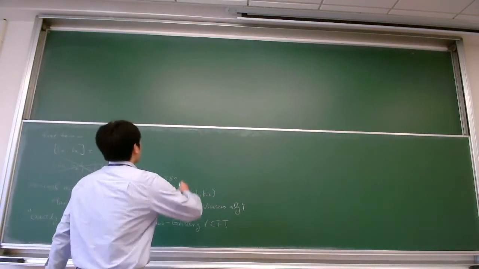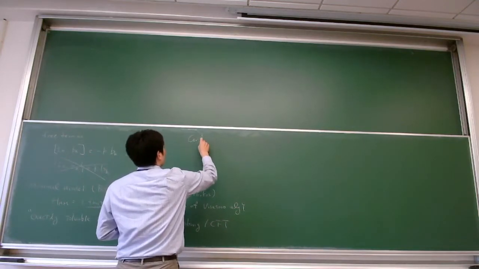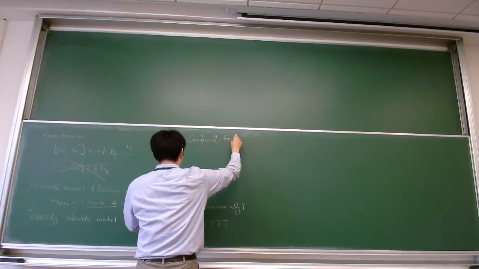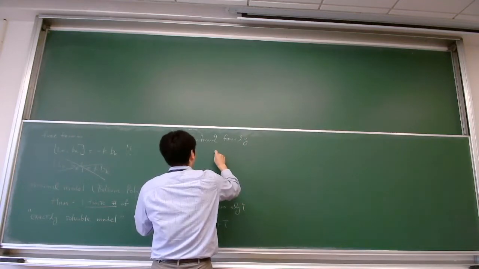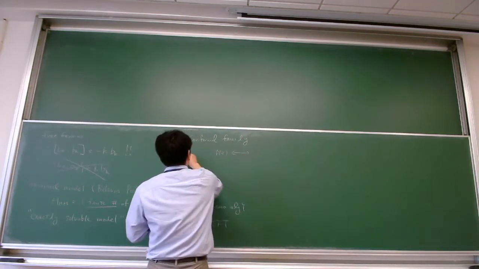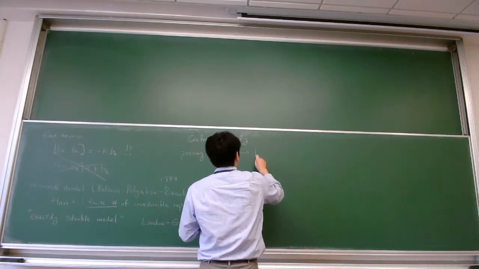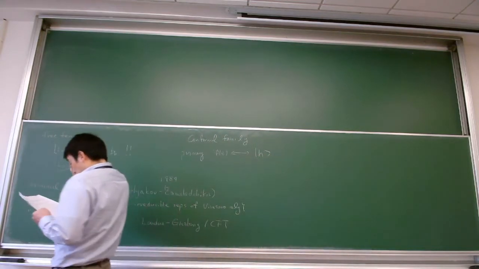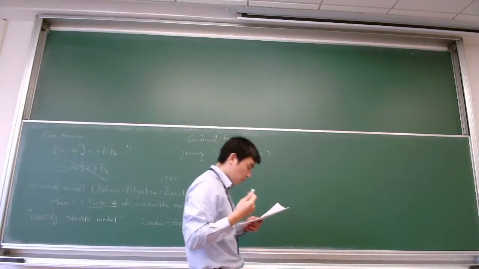To understand the minimal model, first we'll talk about the conformal family. Given a primary state, there is a state-operator correspondence: primary operators and primary states are in one-to-one correspondence.